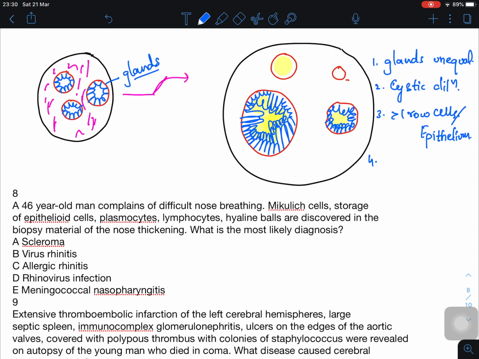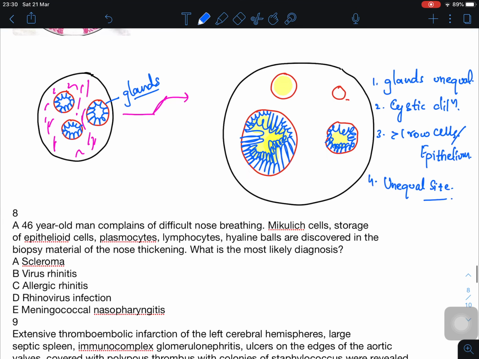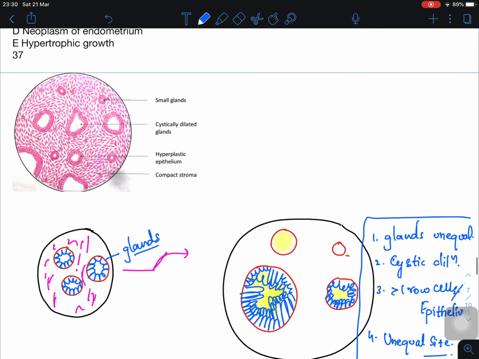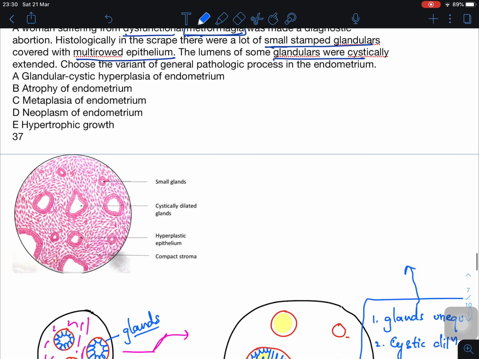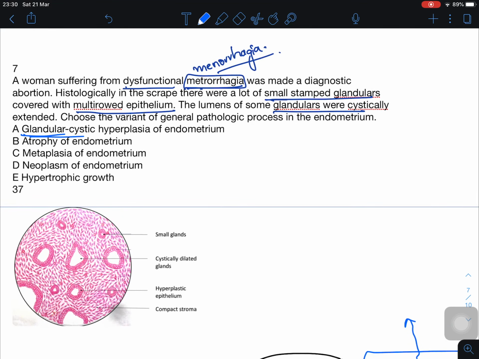And fourth important thing is, are these cells of equal size? No, these cells are of unequal size. So when you see all such findings here, obviously you need to point your diagnosis towards this option, that is glandular cystic hyperplasia.